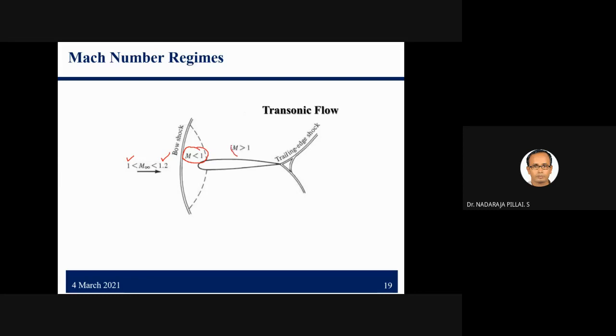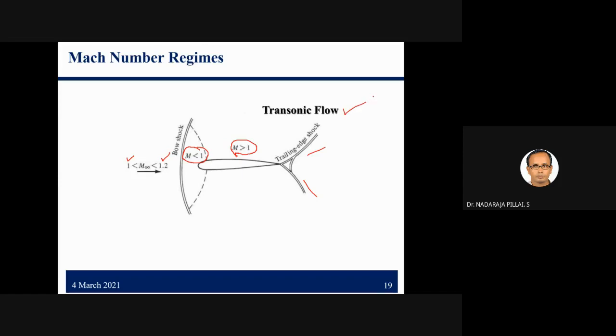And further on the flow has a Mach number more than 1, and then there is a trailing edge shock and so on. You will study that in detail in compressible flow, probably next semester. So for Mach number between 1 and 1.2, there lies a region of subsonic and supersonic flow. That flow is called transonic flow.